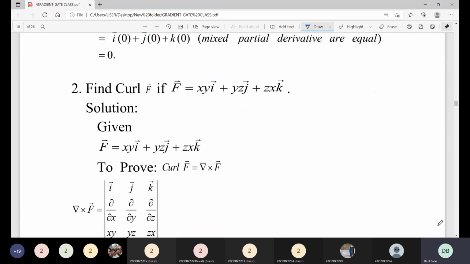Next, second one. Find the curl f for the function f vector is equal to xy i vector plus yz j vector plus zx k vector.